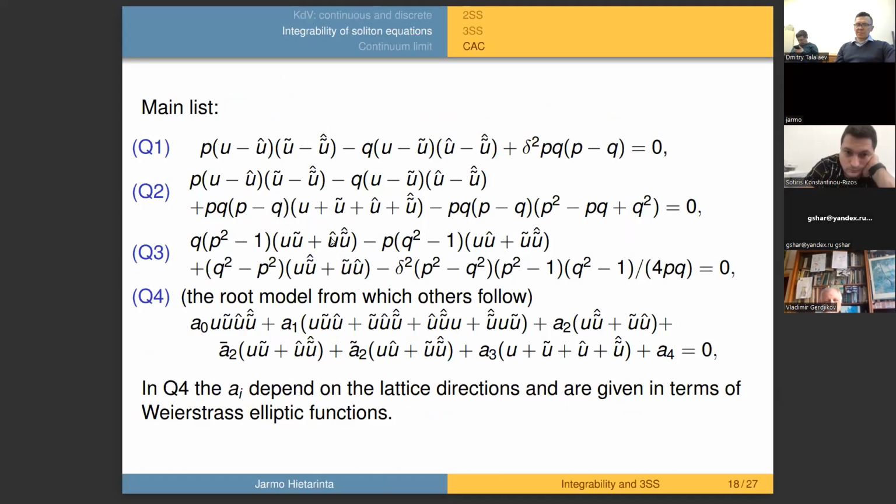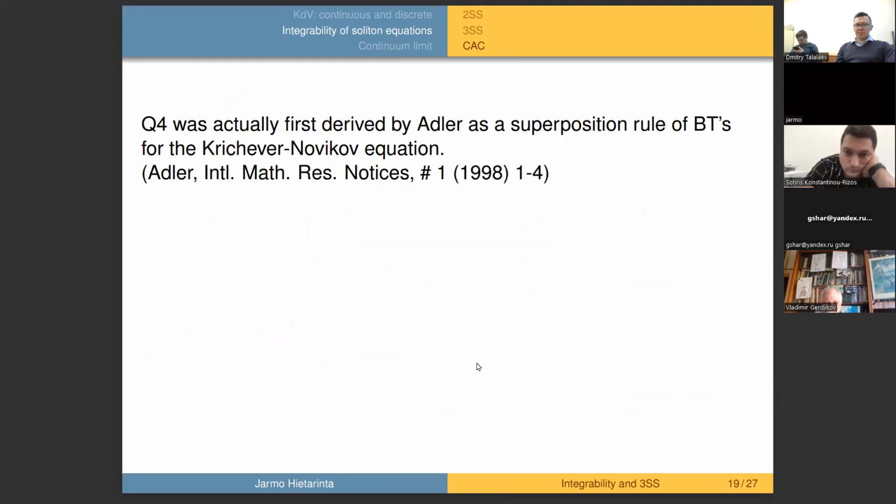Well, you can read this in the paper, but I don't want to go into details, except I want to note that Q4, which is somehow the biggest of the top equations, was actually first derived by Adler as a superposition rule for the Krichever-Novikov equation.